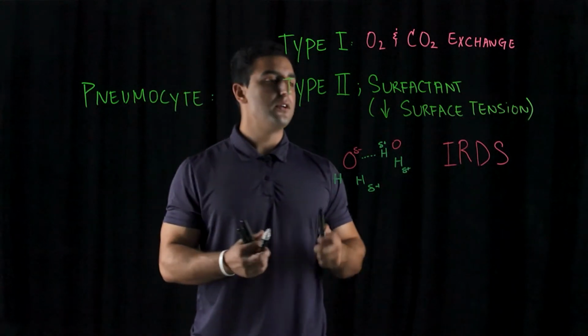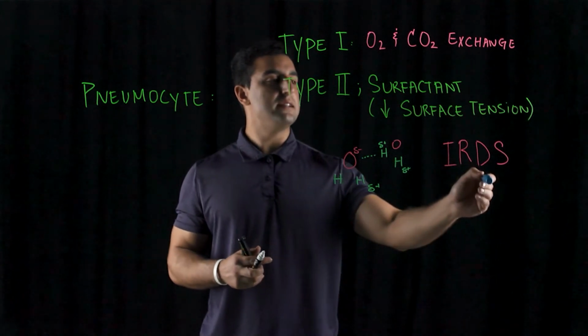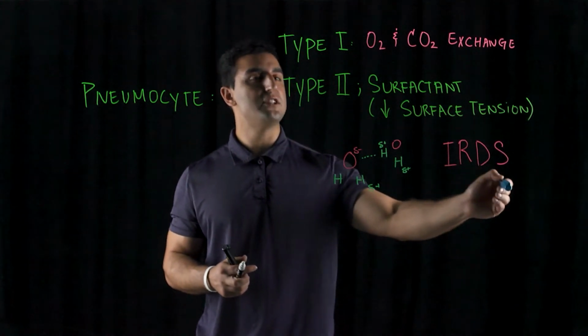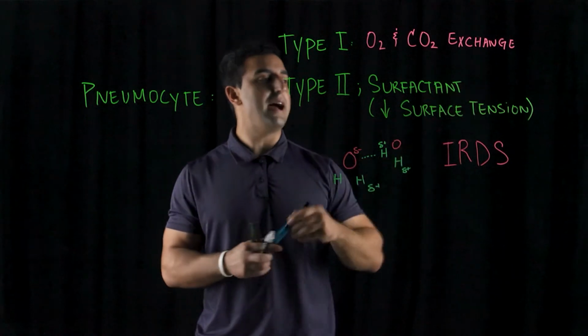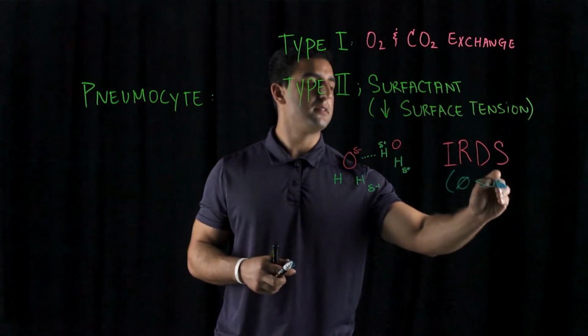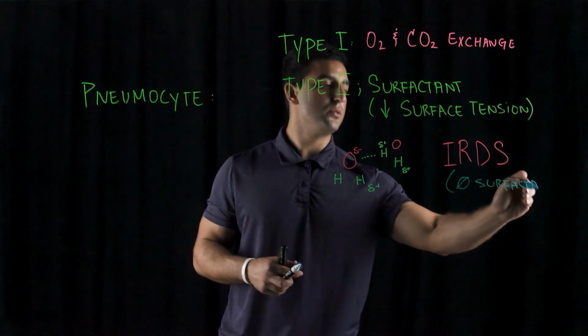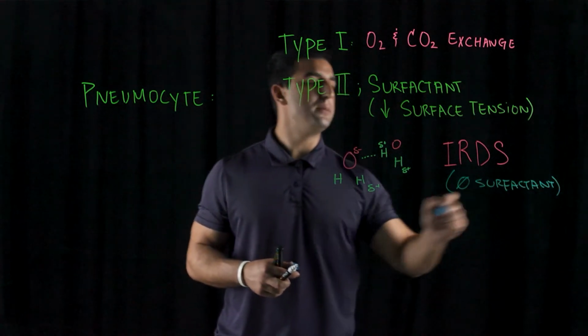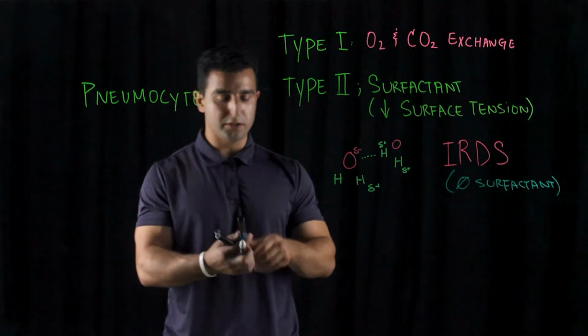If you look at what IRDS is, infant respiratory distress syndrome, it's due to the lack of surfactant, so the surface tension will never be reduced, right? So what do the doctors do?